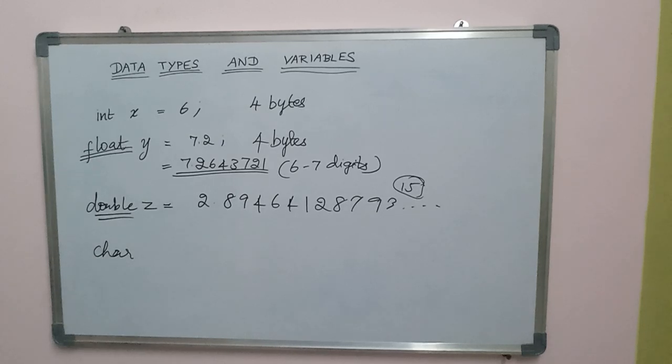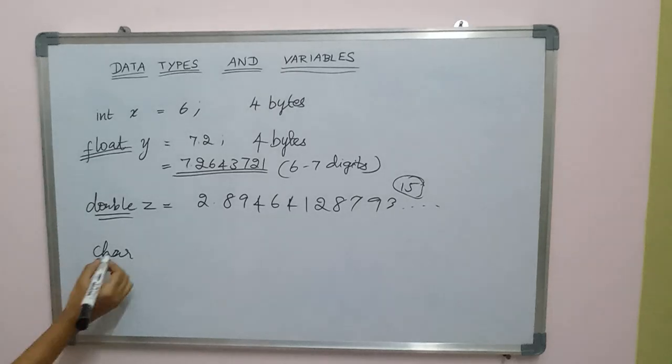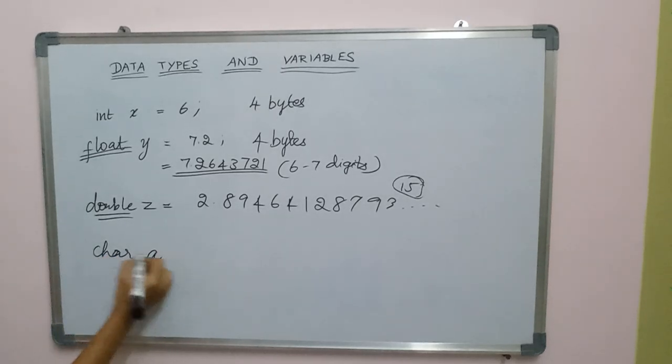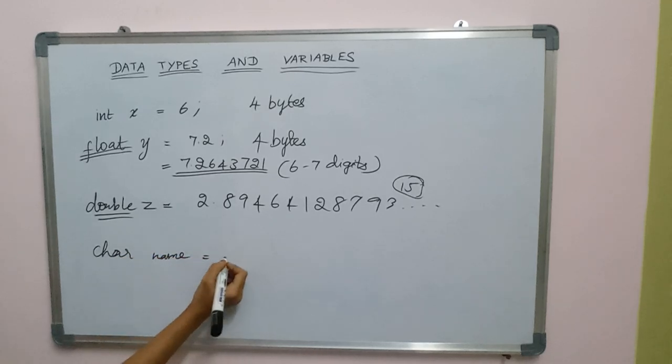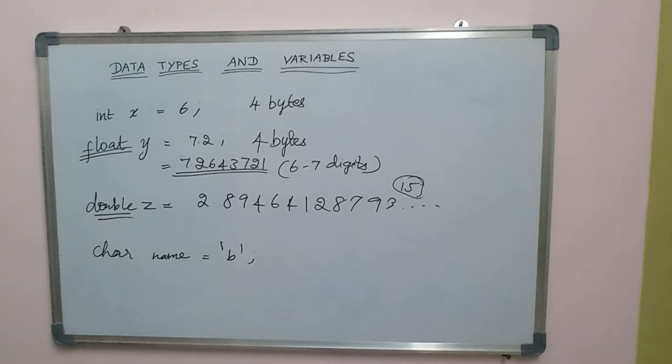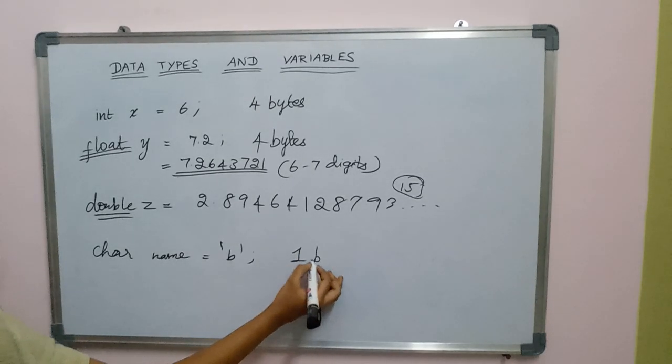It won't store many characters like A, B, C, D. So let's store the character B: char name equal to 'B'. You have to store the character in single quotes only. The size of the character type is 1 byte.